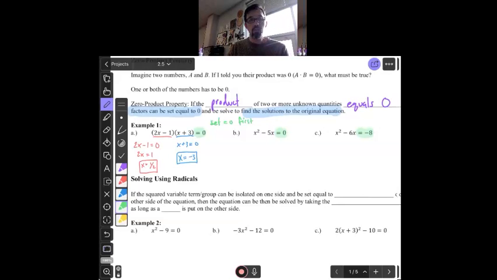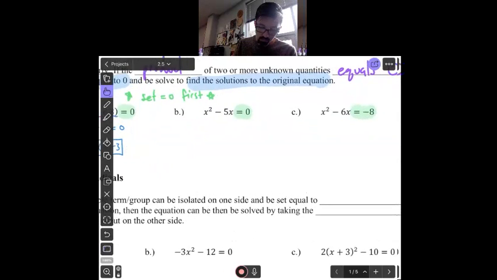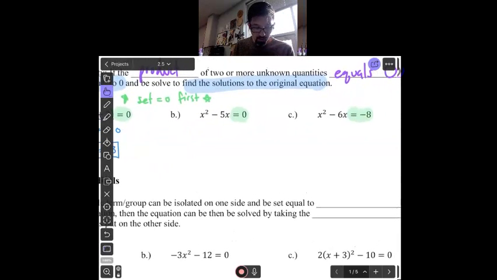So making sure that that's there or not. So noticing that the first problem is set equal to 0, or the second problem is set equal to 0, so we don't need to worry about that. So we need to factor that in order to move along.